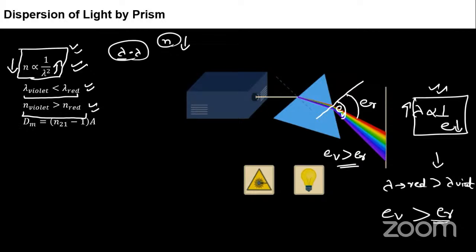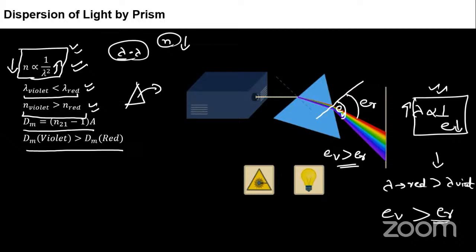So if we talk about the minimum angle of deviation, simply apply the laws: the minimum angle of deviation for the violet will be greater than for the red, for the same kind of prism material. If it's glass, still with a change in color, the angle of violet will be greater than red.